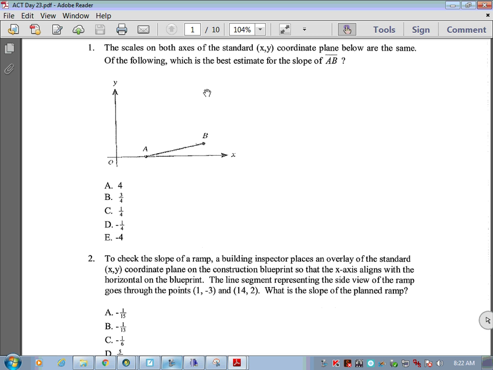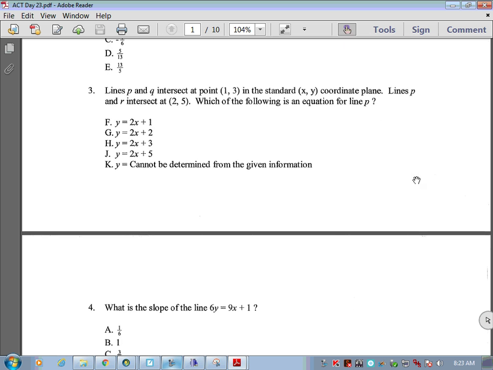Let's see, 1, 2, or 3? 3. Okay, 3. Lines P and Q intersect at 1, 3 in the standard xy coordinate plane. Lines P and R intersect at 2, 5. Which of the following is an equation for line P? This is what I ended up doing.